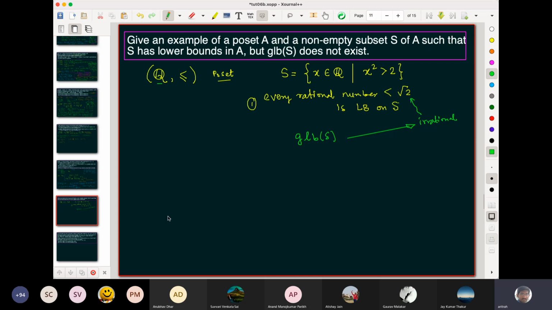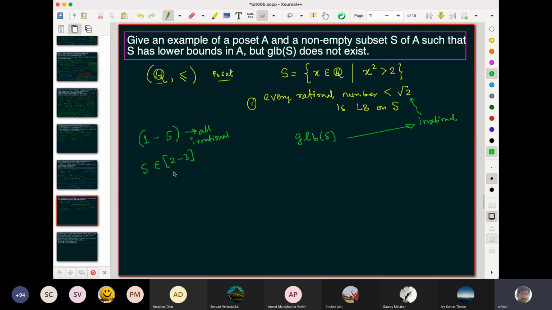There could be many other examples. You can also take the set of irrational numbers, let's say between 1 and 5. All irrational numbers between 1 and 5. Or we could consider irrational numbers between 2 and 3.